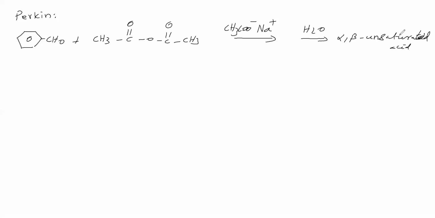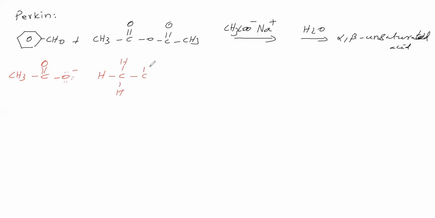So what is the mechanism involved here? We'll see the mechanism involved in this one. Now this acetate ion we will take, that is CH3 C double bond O, O minus. This acetic anhydride we will take.